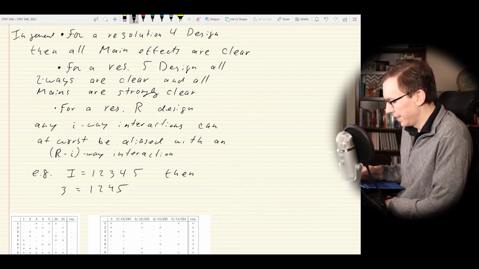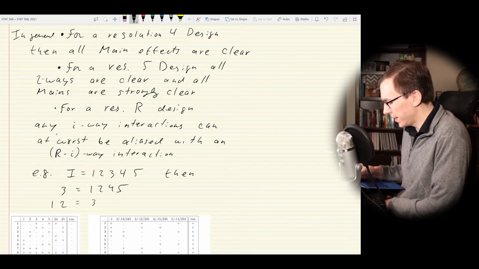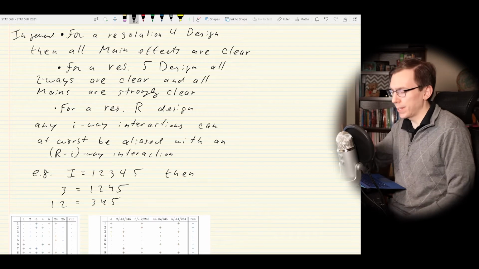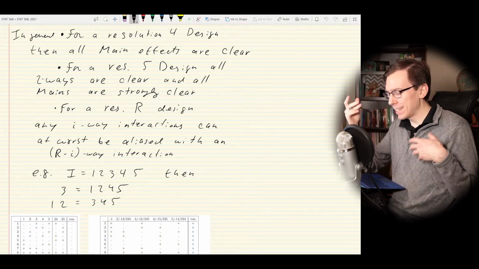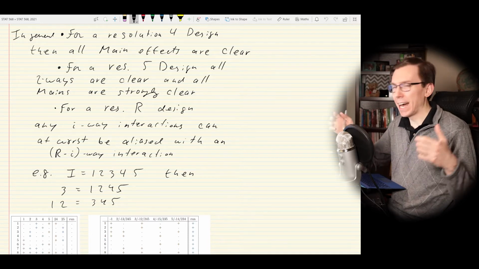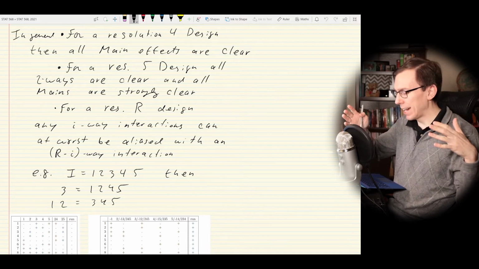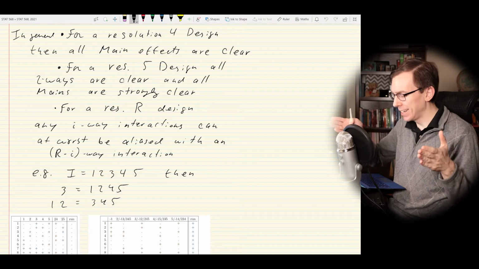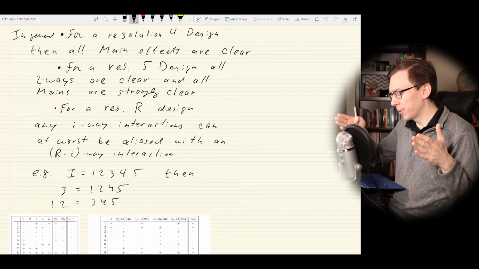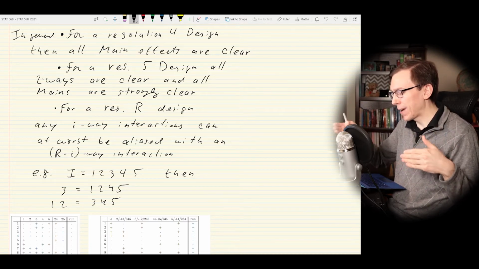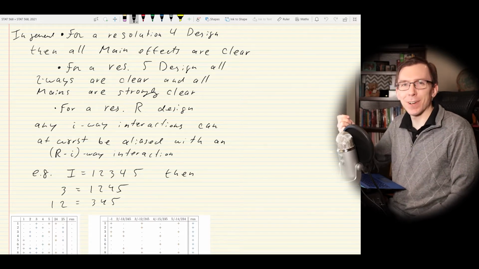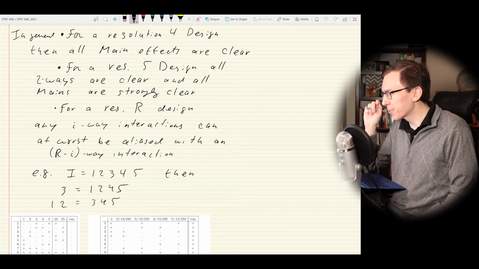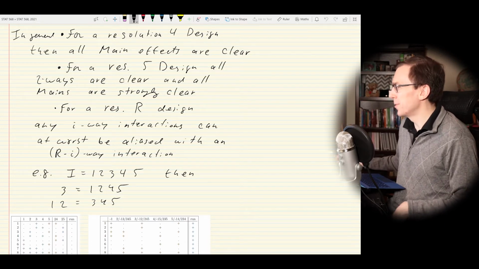If I take 1, 2, that's going to be aliased with 3, 4, 5. So it's aliased with a 3-way interaction and so on. So that kind of gives an example of what I mean by if I have an I-way interaction and I have a resolution R design, then at worst, we're going to have an R minus I-way interaction being aliased with our I-way interaction, which is kind of a strange sentence, but that's roughly the idea that I wanted to point out.